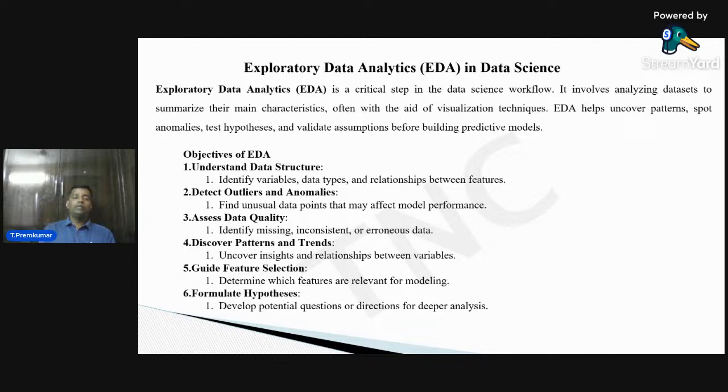After that, discovering patterns and trends, uncovering insights and relationships between variables. And guiding feature selection, which is used to determine which features are relevant for modeling. Then formulating hypotheses, to develop potential questions or directions for deeper analysis. Okay, this is about the exploratory objectives.